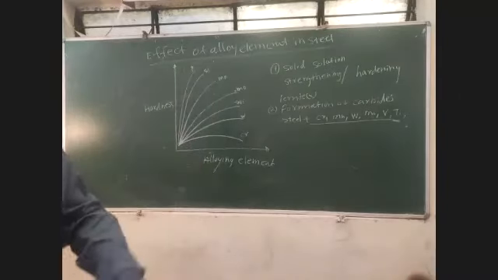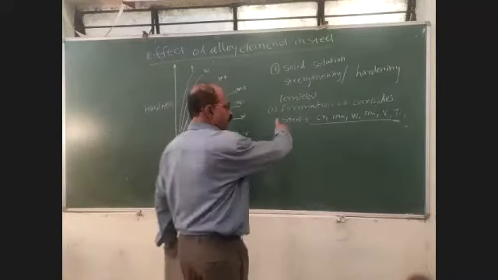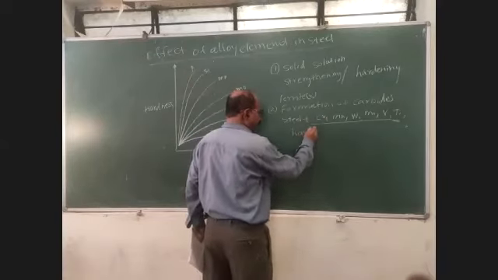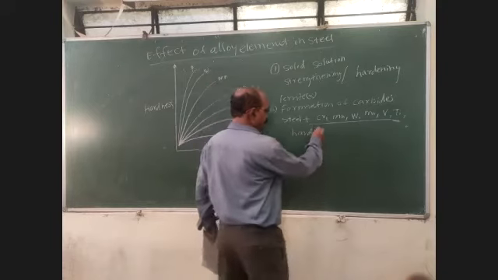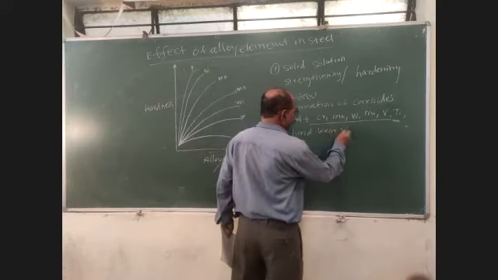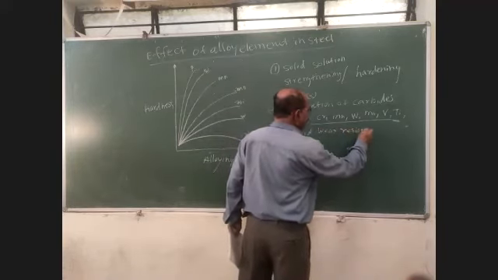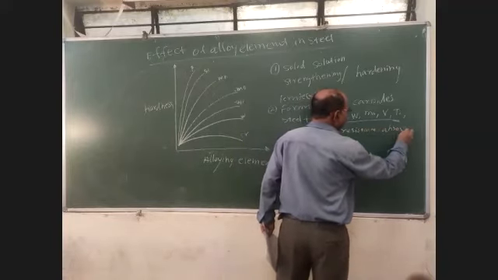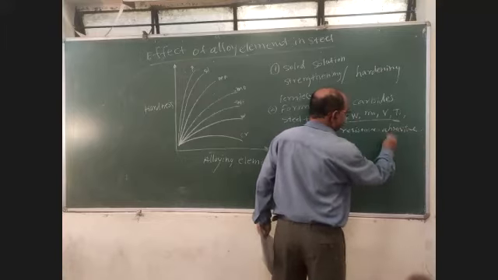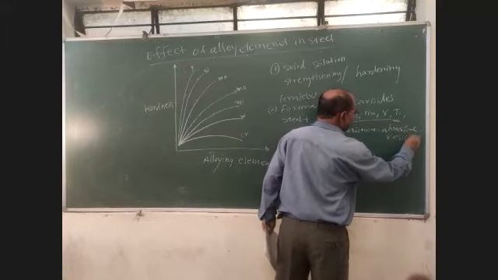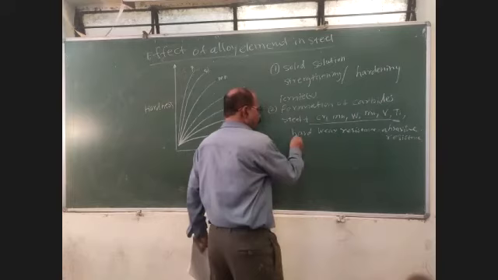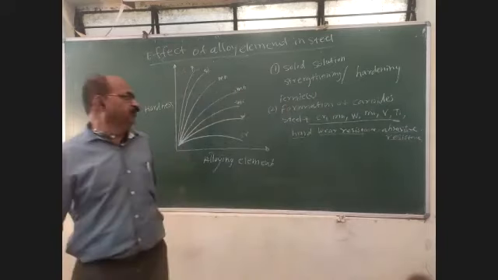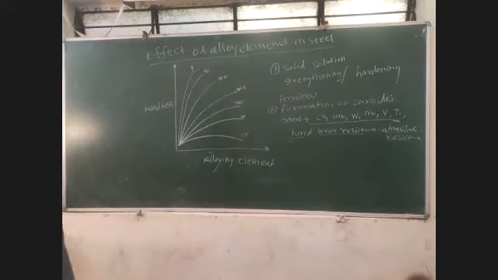So steel combines with these alloying elements, it will become hard, with wear resistance and abrasive resistance. So hard, wear resistance, and abrasive resistance, this you will get in the steel.